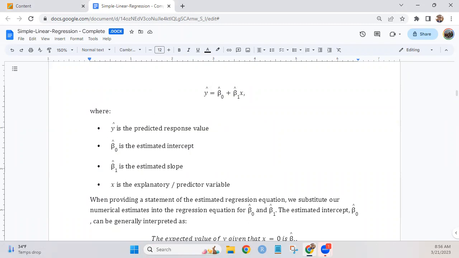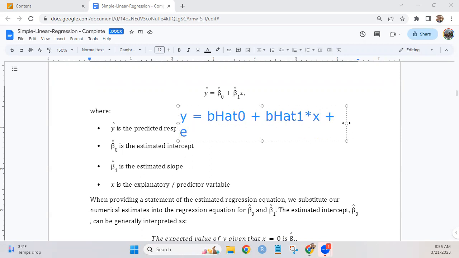You could write the actual y is equal to b hat 0 plus b hat 1 times x plus e. You could write the estimated regression equation that way. But honestly, conventionally people don't write it that way. So they write it without the residual term.